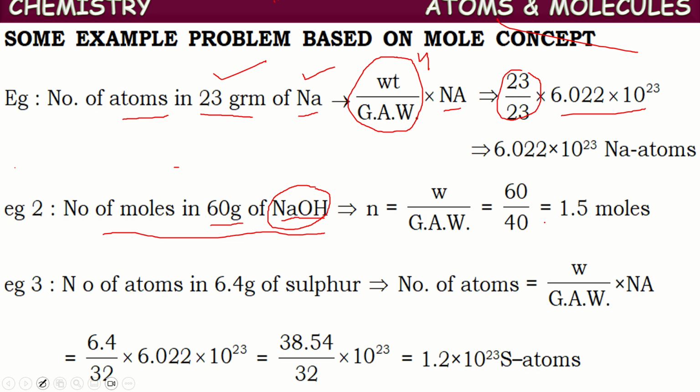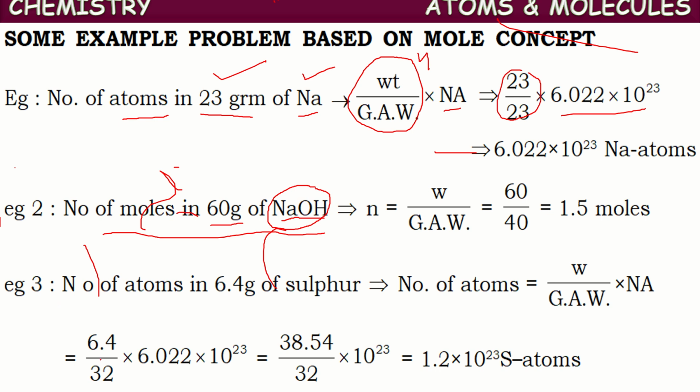So we take 6.4 by 32. The weight of the sample is 6.4 and the gram atomic weight of sulfur is 32. This value 6.4 by 32 gives rise to the number of moles. Number of moles into Avogadro number gives the number of atoms.